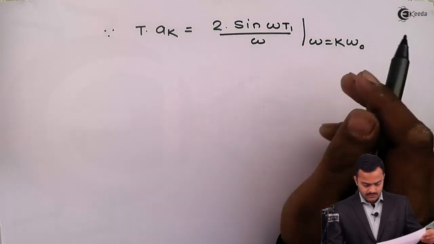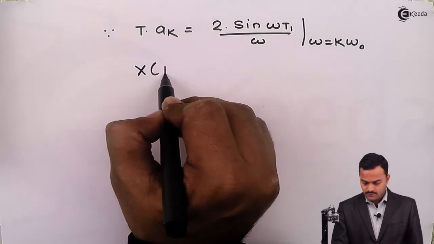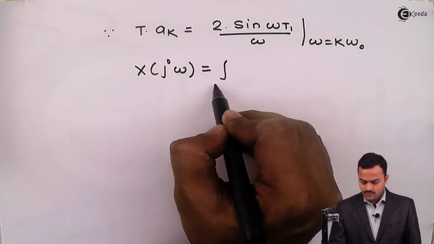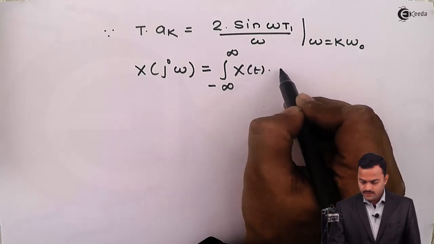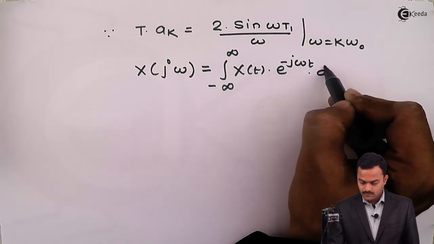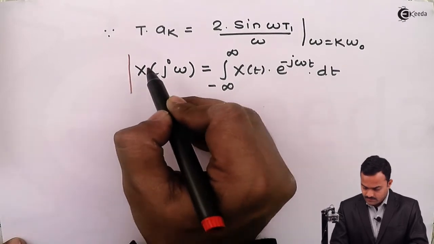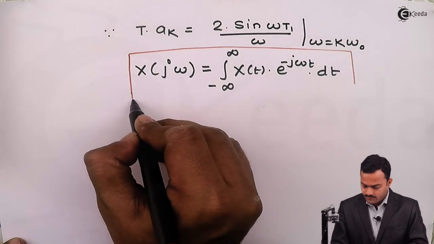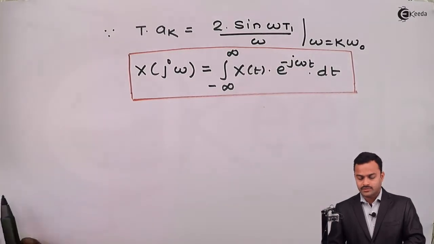So T into ak is X of j omega, which is equal to the integral from minus infinity to infinity of x of t e raised to minus j omega t dt. So what we get here is an envelope function represented using x of t.